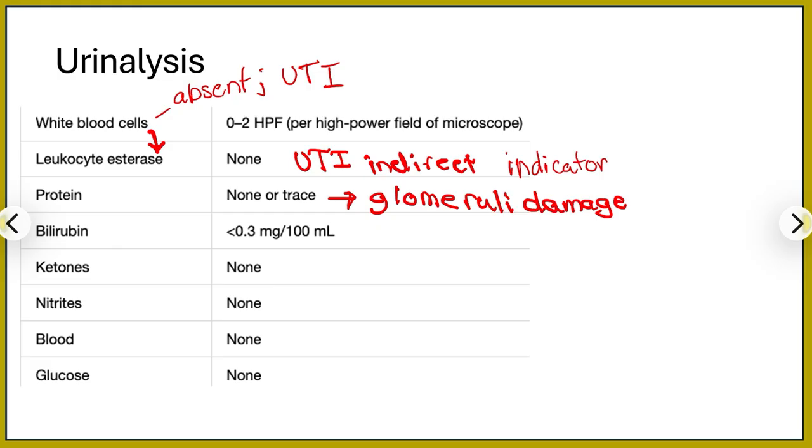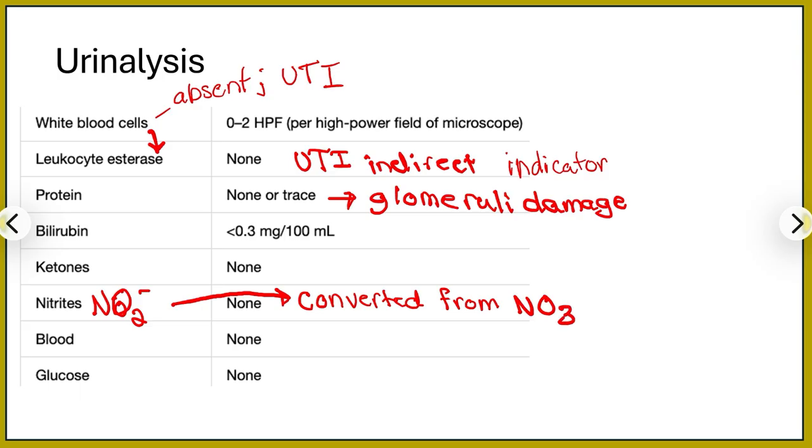Nitrites, so typically the nitrites, which are going to be NO2 minus, are not present, but they can be converted from your nitrates.